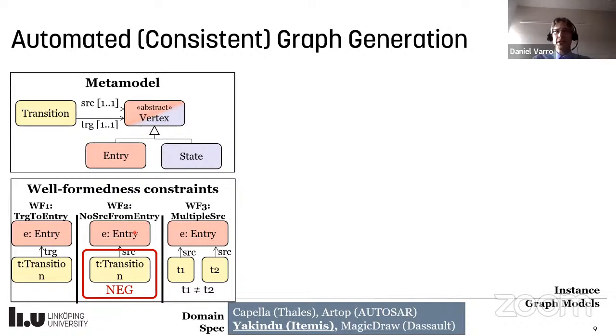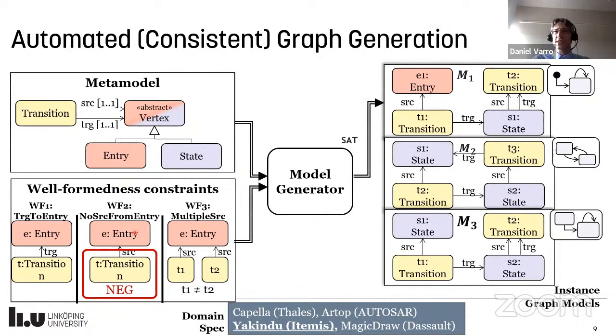And now the consistent graph model generation challenge consists in deriving instances of this meta model, which satisfy all the well-formedness constraints.